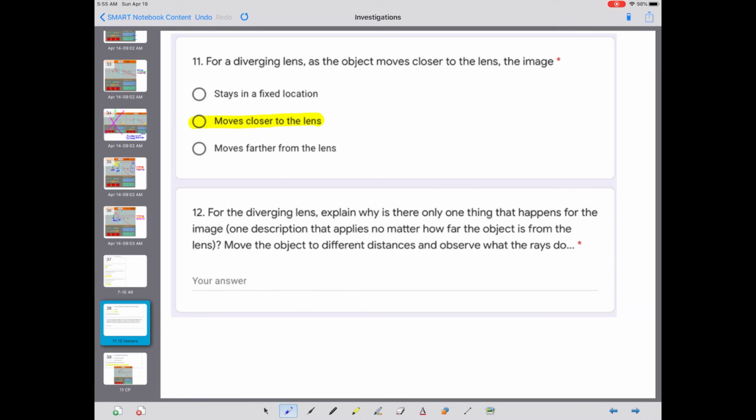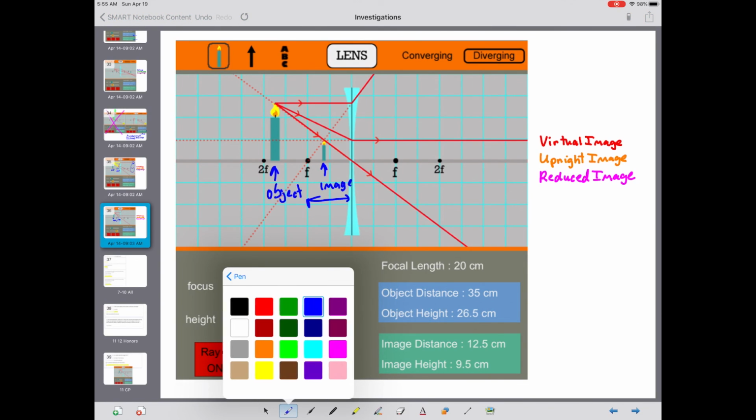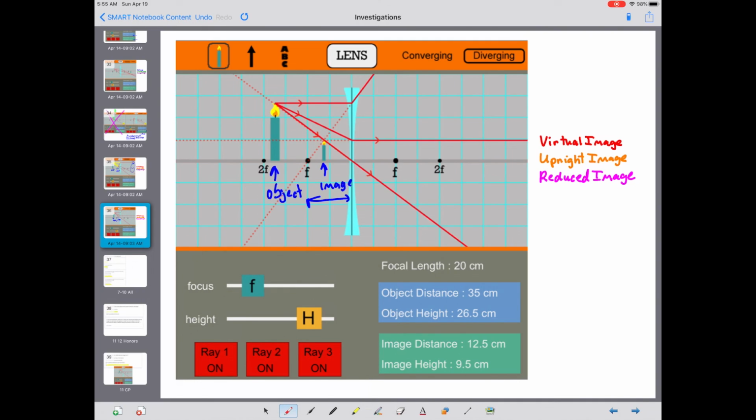Question number 12. Diverging lens, explain why there is only one thing that happens for the image. Basically, there's only one thing that happens because as those rays refract through the lens, and I'm going to go back to our diagram, as those rays refract through the lens, these rays on the other side get further apart, and because these refracted rays are always getting farther apart, then the only place they can come together or appear to intersect would be behind the lens.